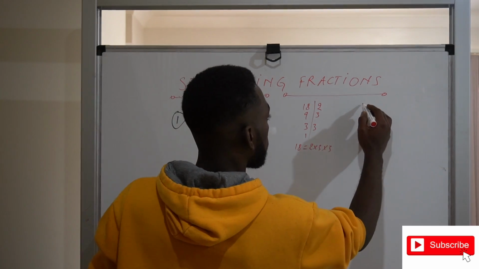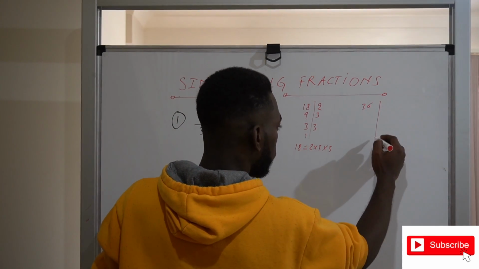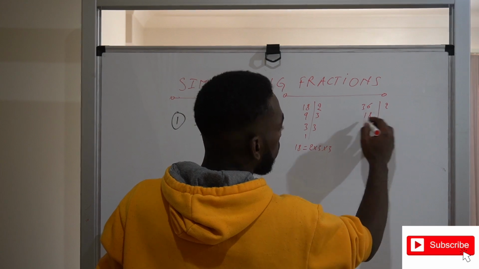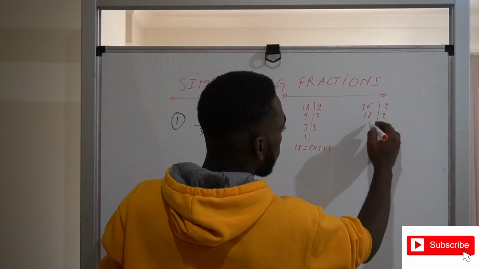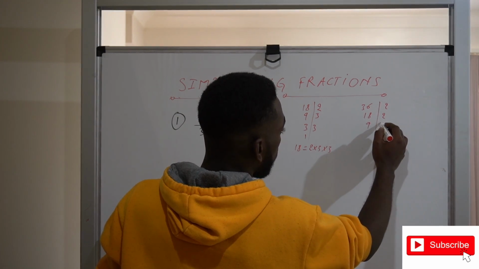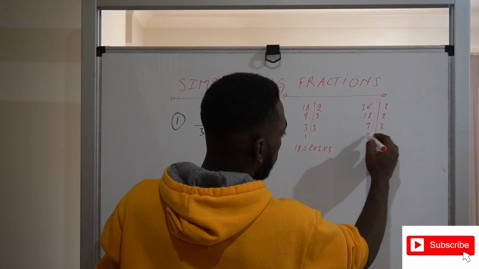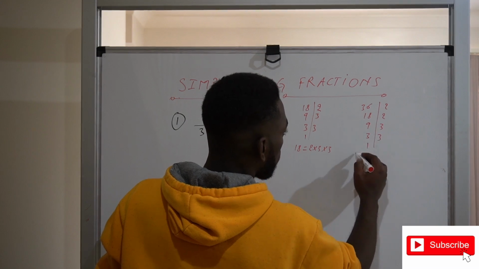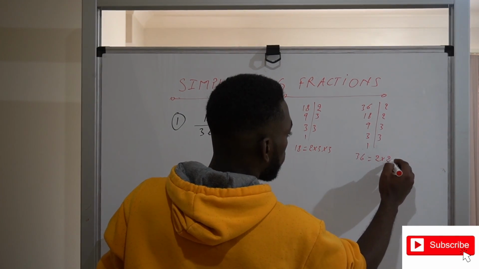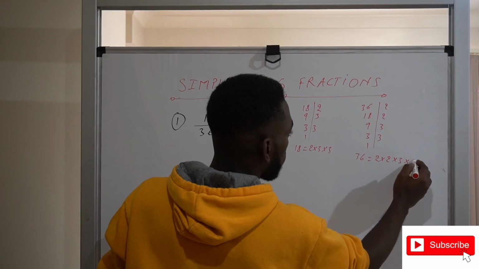And when you go to 36, divided by 2 is 18, and 18 divided by 2 is 9, and 9 divided by 3 is 3, and 3 divided by 3 is 1, so you have 36 equals 2 times 2 times 3 times 3.